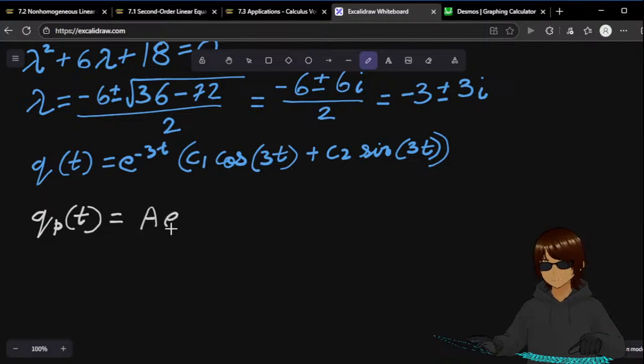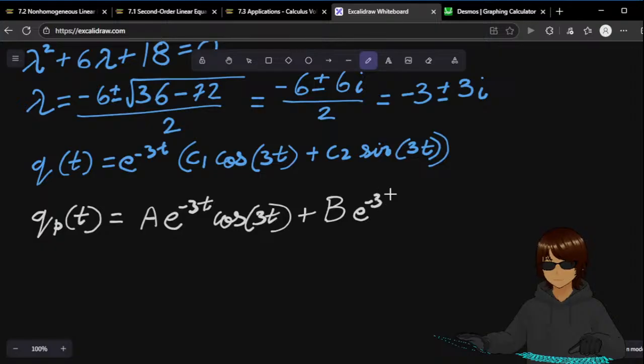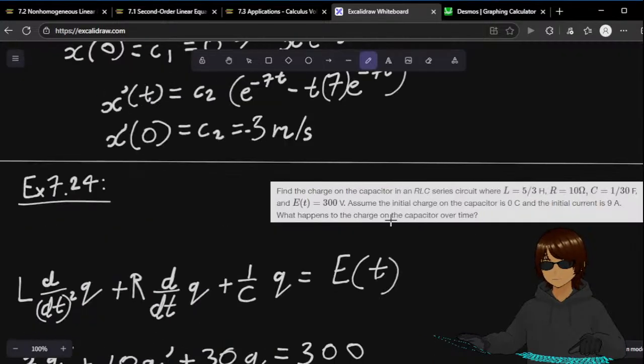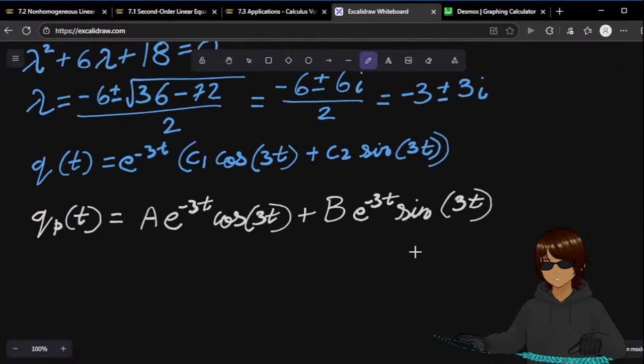A e^(-3t) cos 3t plus B e^(-3t) sine 3t. And when t is 0, then the final answer should be 0.